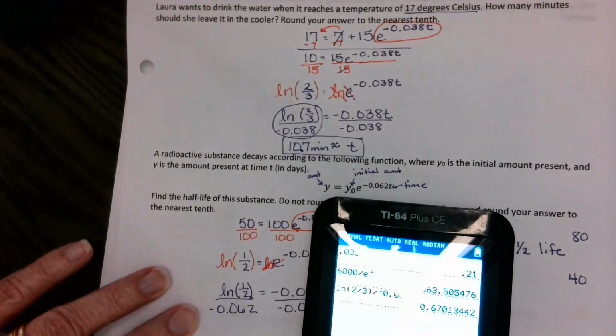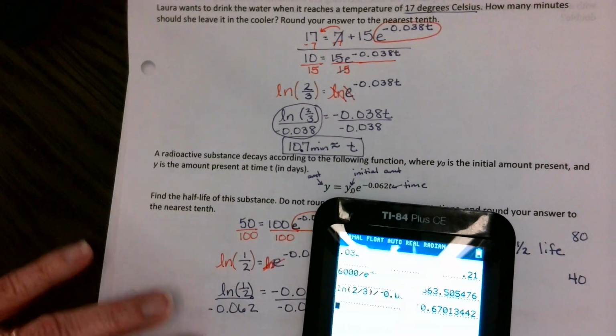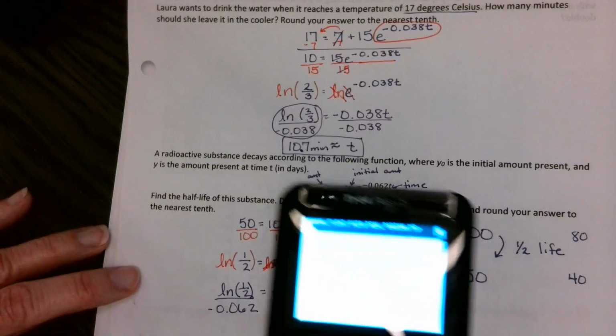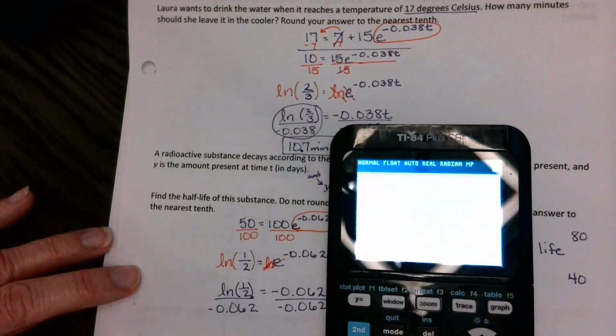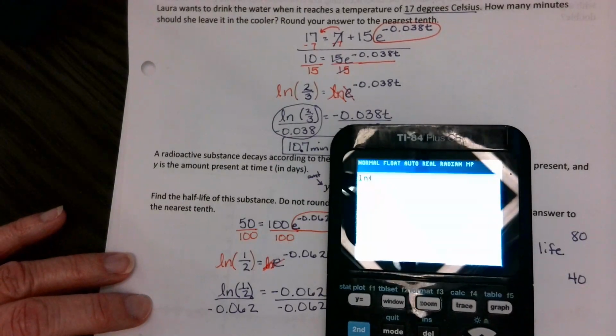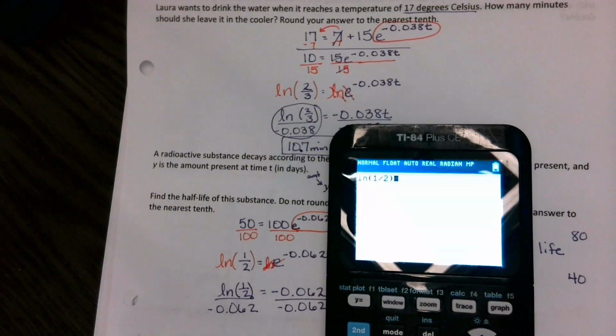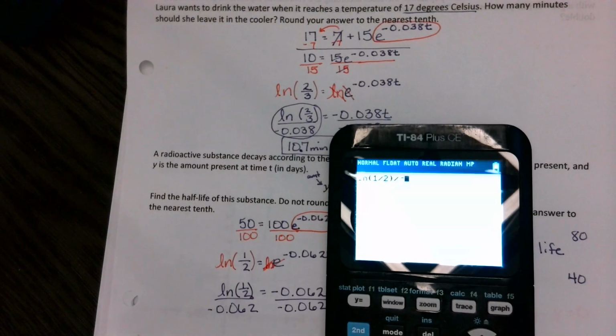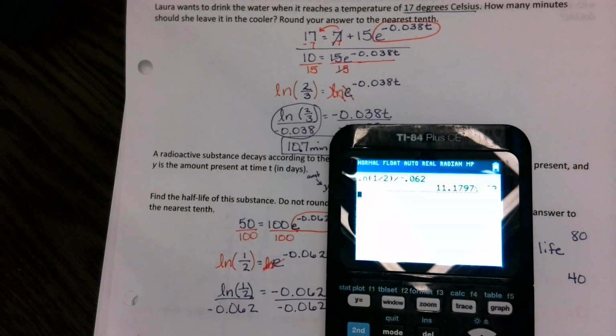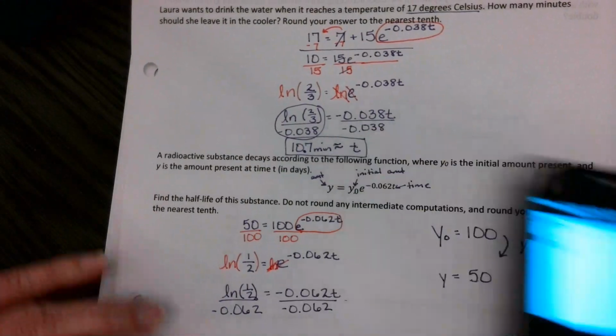So I'm going to do the natural log of 1 divided by 2, the natural log of 1/2, divided by negative 0.062, and that's going to give us 11.2.